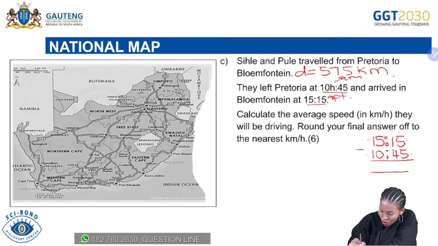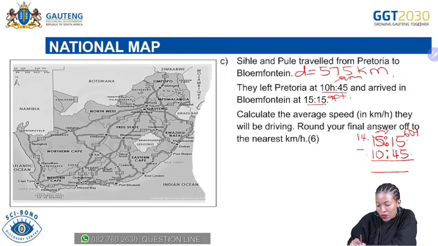So what do we do? Now, guys, I'm taking you back to grade 1. I'm going next door to borrow. So from 15 hours, I'm going to borrow 1 hour. What will I be left with? With 14 hours. So I borrowed 1 hour. But when you bring 1 hour to this side, you only work with minutes. So 1 hour converted to minutes becomes 60 minutes.